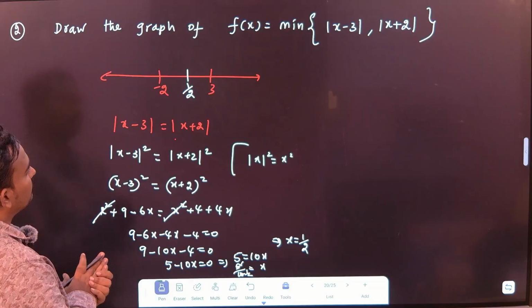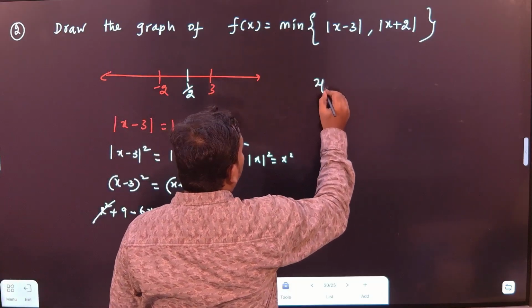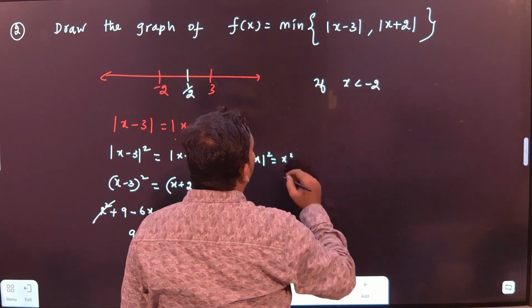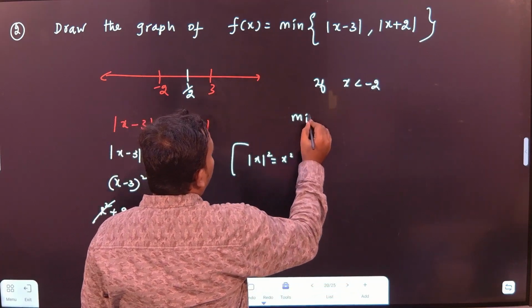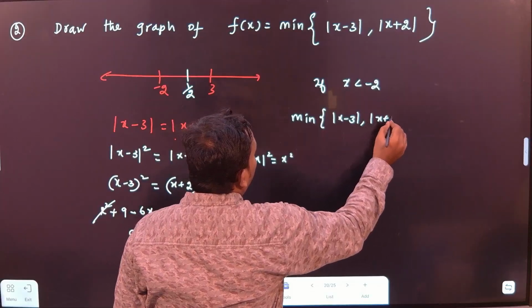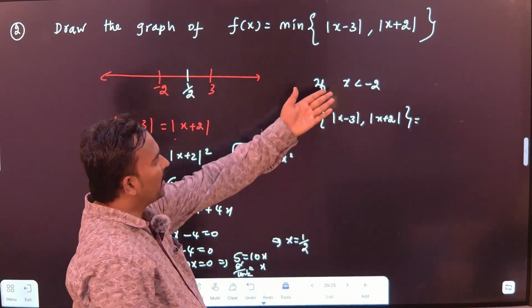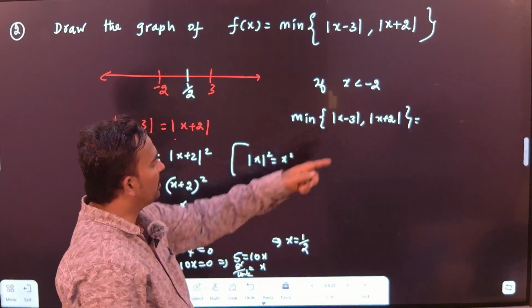Okay. Now you have to break the interval. Suppose x is less than minus 2, what is the minimum of this function? So minimum of mod x minus 3 and mod x plus 2, which is the minimum. Just substitute it here.